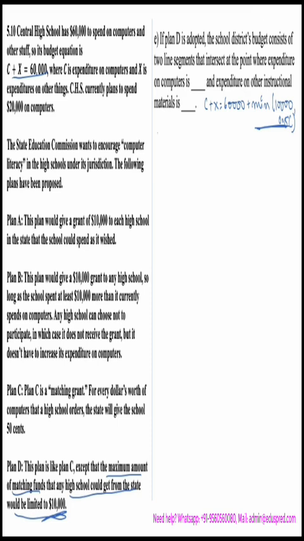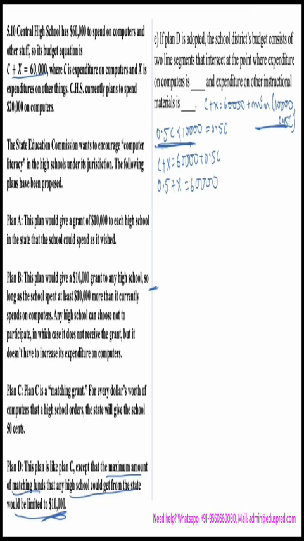First is when 0.5 C is less than 10,000. In this case, the minimum of both of them is obviously 0.5 C, giving you the budget equation as C plus X is equal to 60,000 plus 0.5 C, that is, 0.5 C plus X is equal to 60,000.